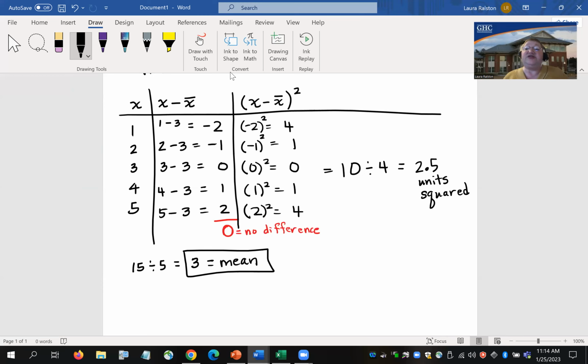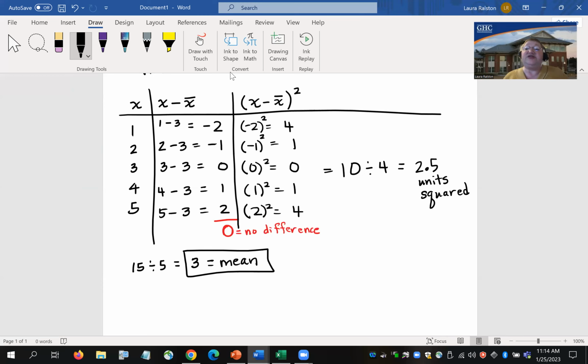There are 2 different types of measures of position that we're going to talk about. One of them is called z-scores or the standard score, and the other one is called percentiles.